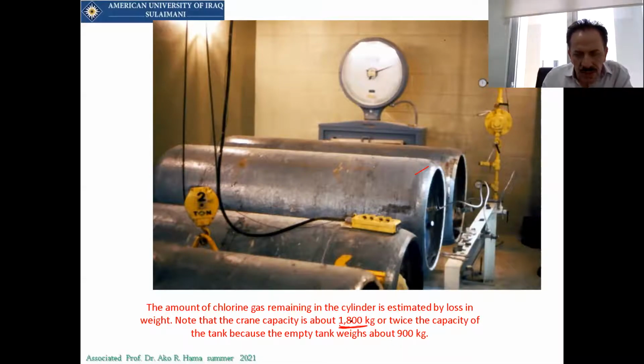The weight of the empty chlorine bottle is equal to 800 to 900 kilograms.